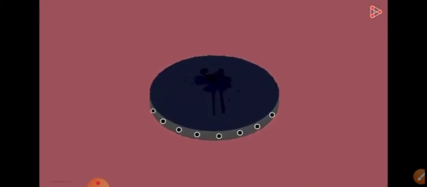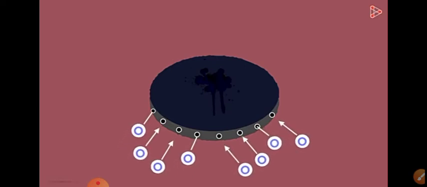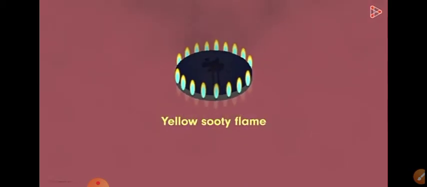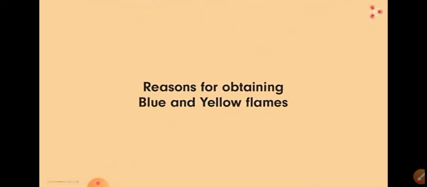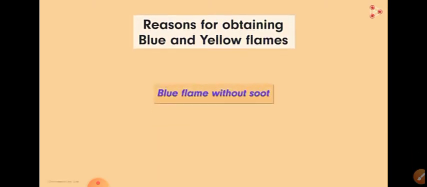So we can say it is complete and incomplete combustion. When the holes present in the burner come in contact with oxygen, that time it gives us a flame. So it is a yellow sooty flame, which is insufficient use of fuel. Now the reasons for obtaining blue and yellow flames.